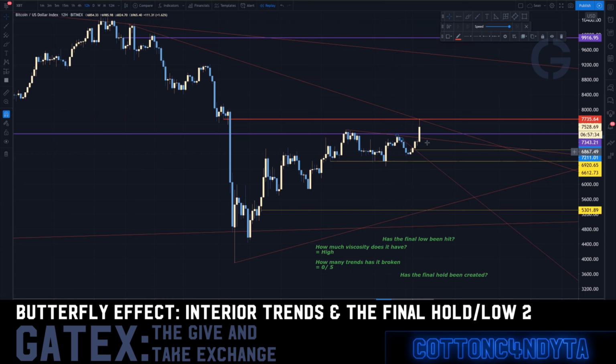And even your little local interior trends, they all have the same thing where you have a hold level, breaks through trend, and so forth, right? The move gets injected and every part of this has that, right? Every single part, you'd have this from here to here, which would be accumulation to accumulation, hard closes to here. And then even inside of this move, that means you would have had this to this, right?